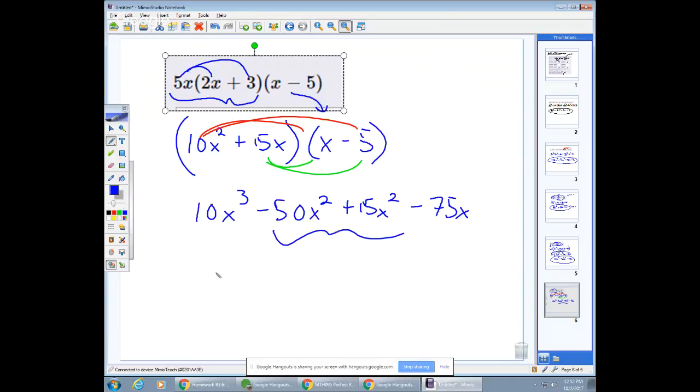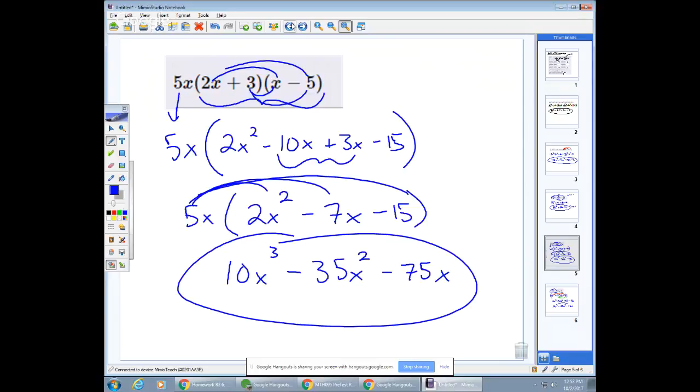Like terms in the middle, 10x cubed minus, let's see, 35x squared minus 75x, and then we pray they match. Going back a page, same exact problem.